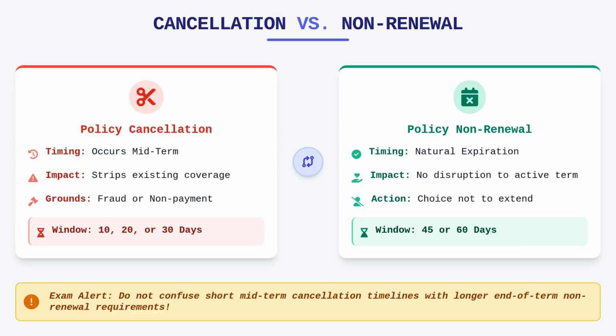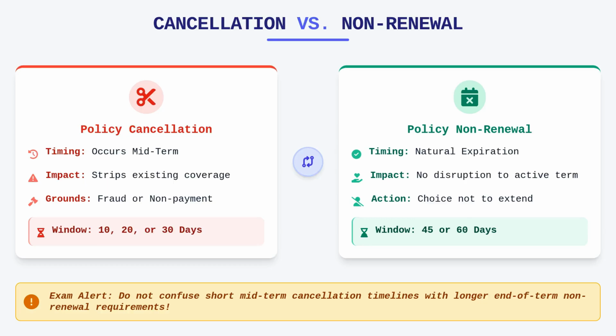It is highly important to separate the statutory mechanics of policy cancellation from the legal rules governing policy non-renewal. Cancellations occur midterm and strip away existing coverage during the policy period, which is why the state heavily restricts the practice to narrow grounds like fraud or non-payment. Non-renewal occurs at the natural expiration of the policy term, where the insurer simply chooses not to extend coverage for a subsequent period.